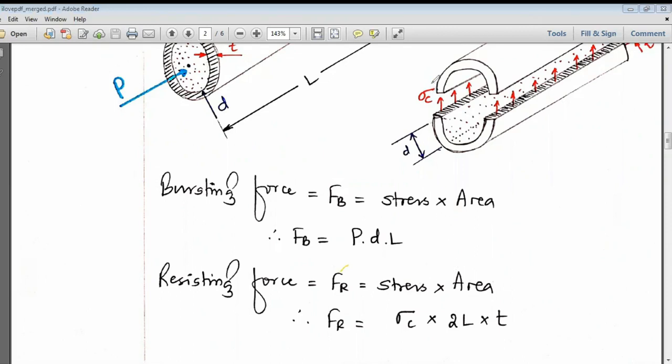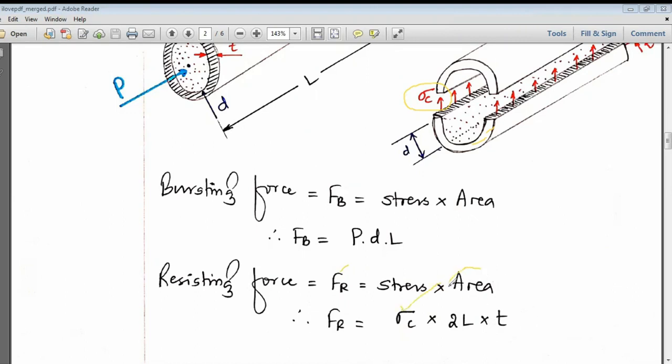The resistance is given by the circumferential stress. I told you what circumferential stress is: it always acts along the circumference. On the cut section you can observe these red colored stresses, which are nothing but circumferential stresses. So the stress is sigma c, the circumferential stress.